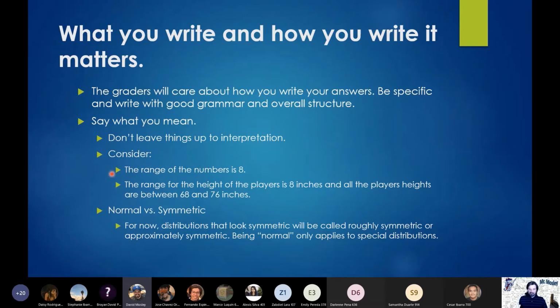So in any college class, no matter what it is, they expect college level writing. It doesn't matter if it's a math class, a science class, English class, history class, whatever type of class you're taking in college, the expectation is you're writing at a college level, okay? And this is a high stakes exam.